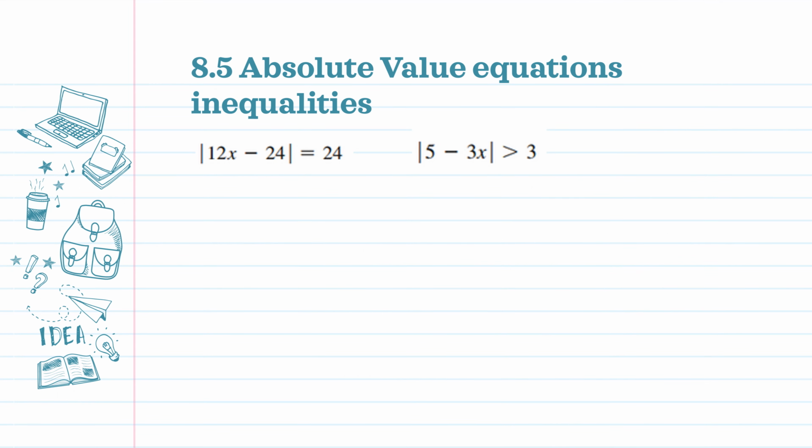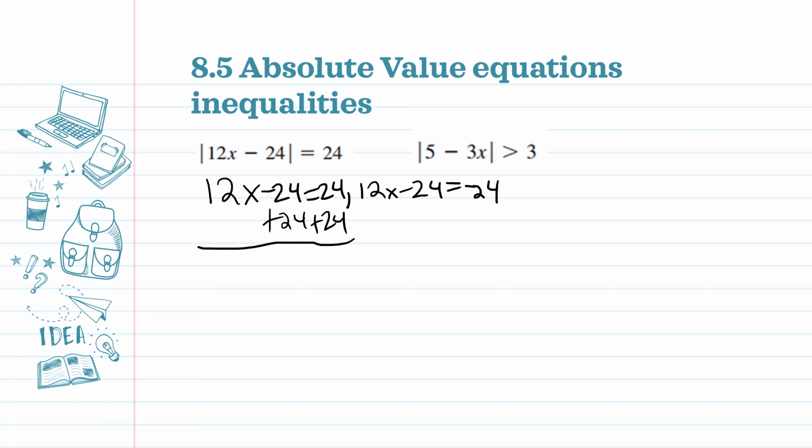Now we have absolute value equations. With something like this, I have to set up 2 equations: 12x minus 24 equals 24, and 12x minus 24 equals negative 24. So if I add 24 to both sides, I get 12x is equal to 48.